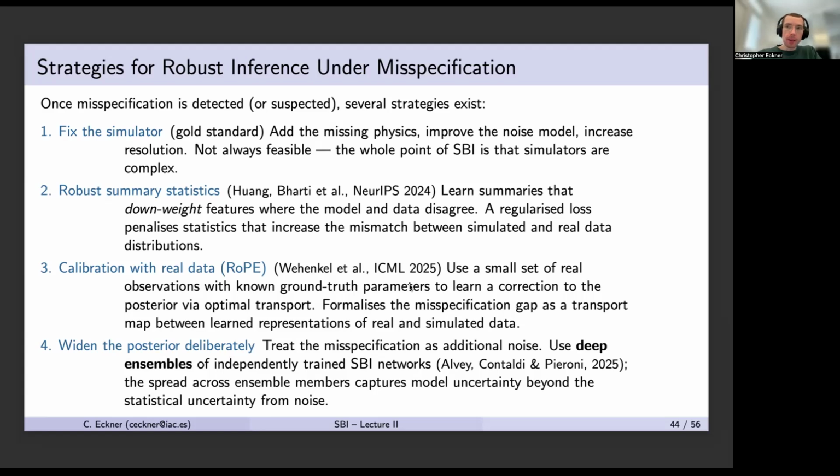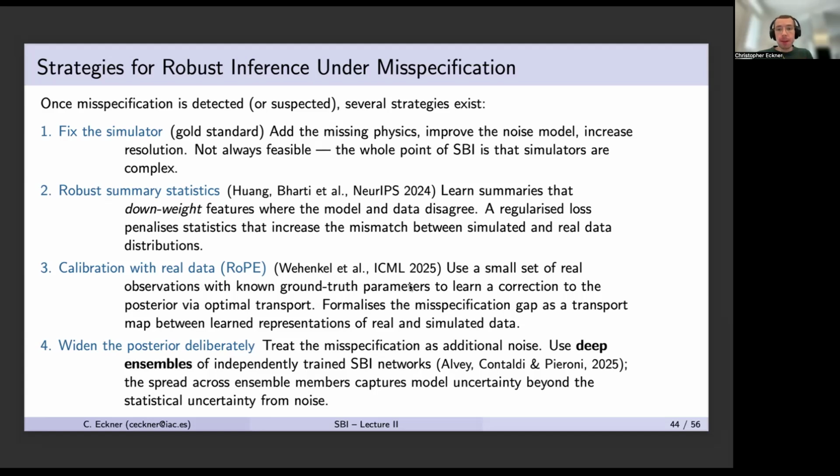When you have a small set of real observations that you're also simulating and trying to infer from, you can learn a correction to the model via neural networks and optimal transport, which closes this gap and handles the domain shift. But this requires an actual sample size of real observations. In some instances, like cosmology and astrophysics, that is typically impossible, so it's restricted to a certain kind of inference.